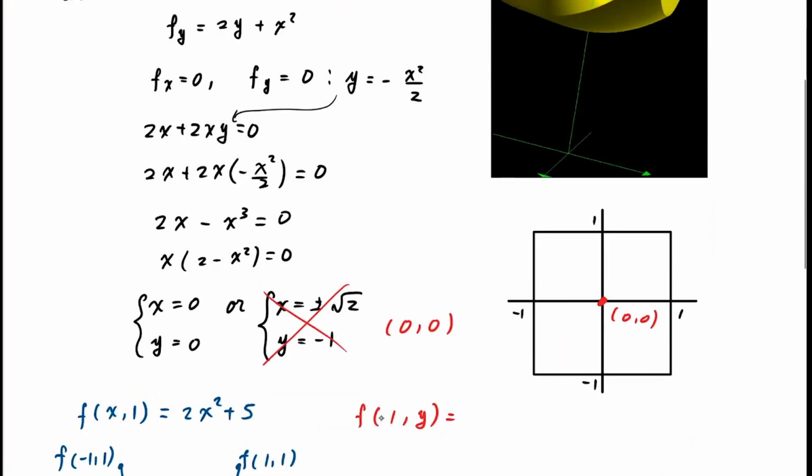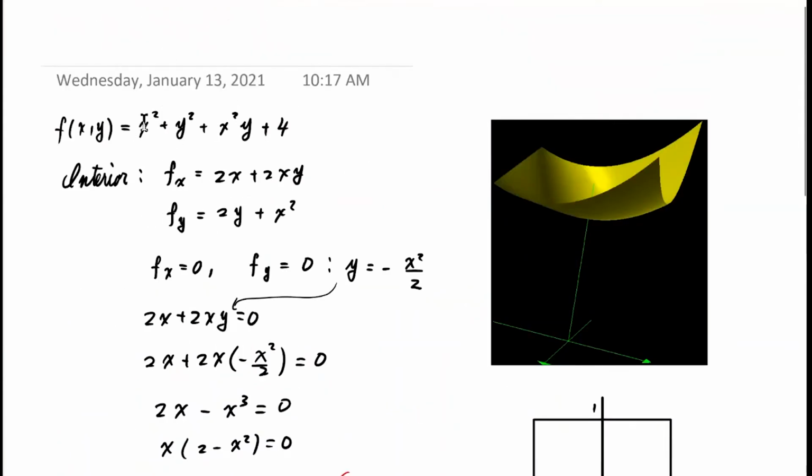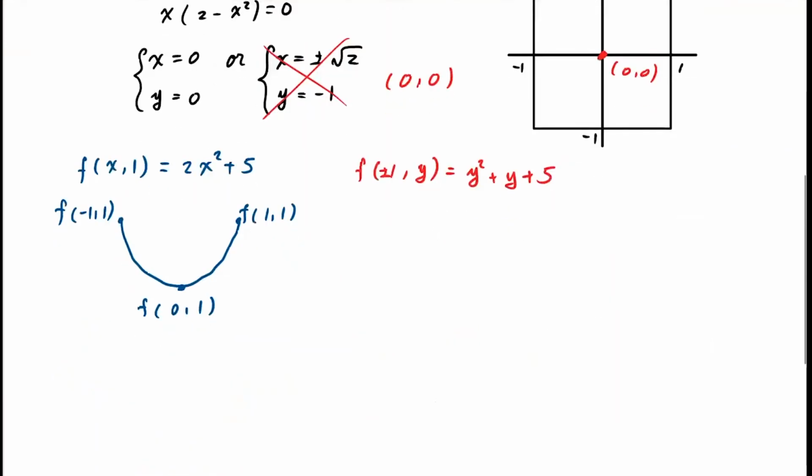So I'm going to put plus or minus 1 comma y. How's that? And that will be y squared plus y plus 5. Say yes. Let's look at it again. If I put 1, this becomes 1, so add it to 5, and this becomes 1, and there's nothing else. You get it? You with me?